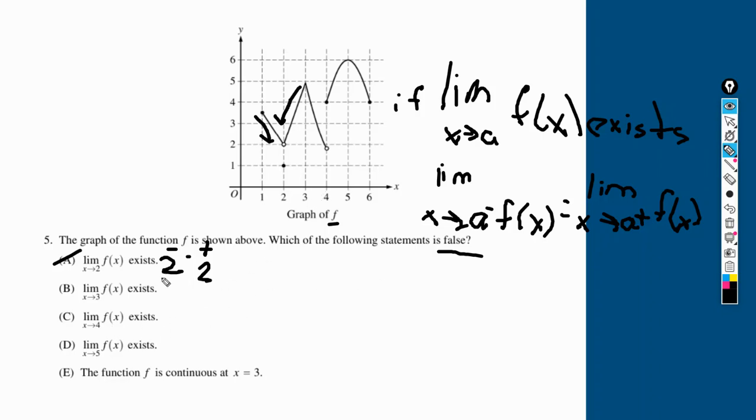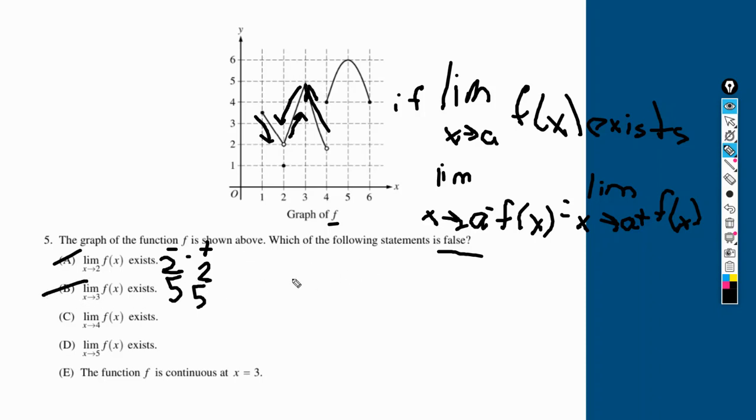As x to 3, well, let's see. What's the limit as x to 3 from the negative direction? Let's go up like this. We see it's approaching 5, which means that if the limit from the right also equals 5, the limit does exist. The limit from the right up here, still 5.